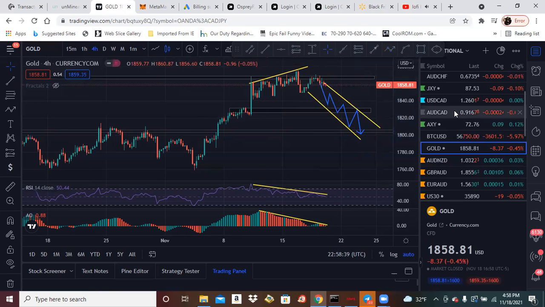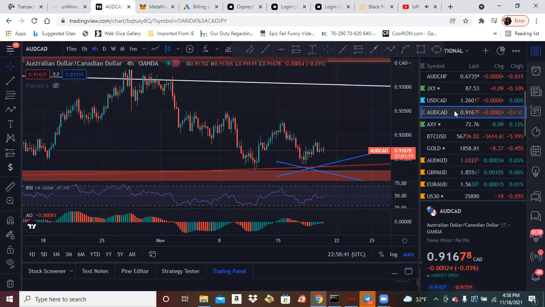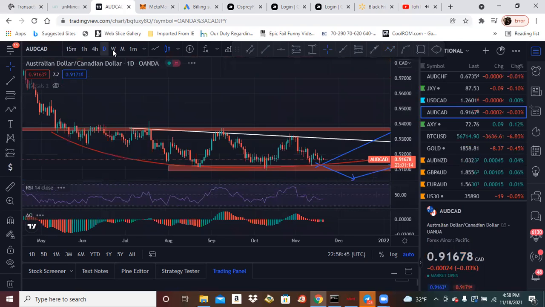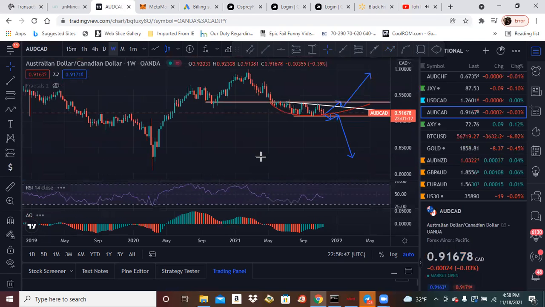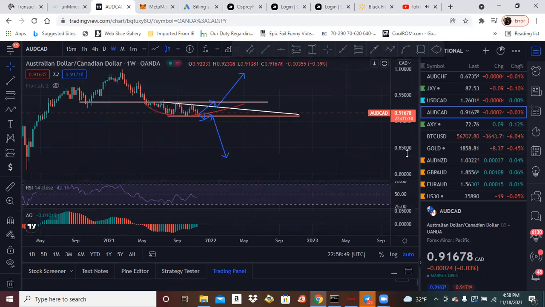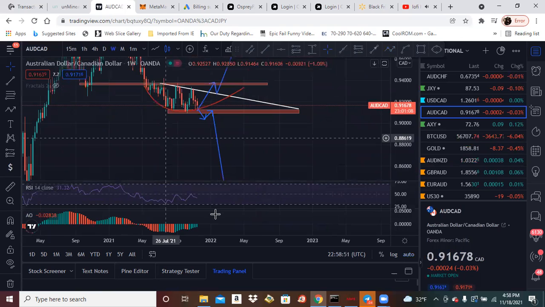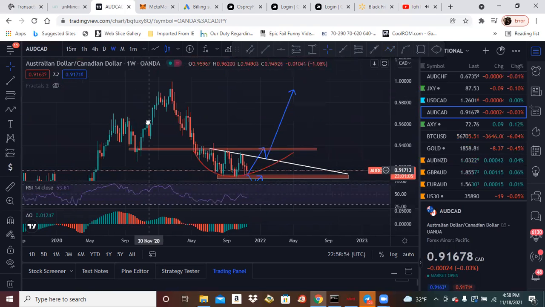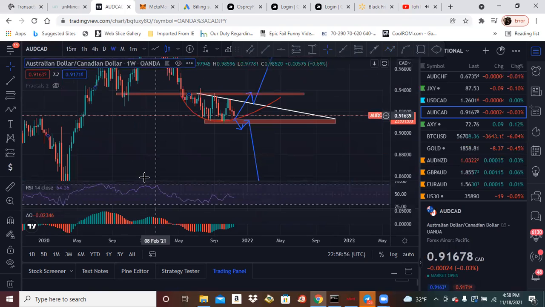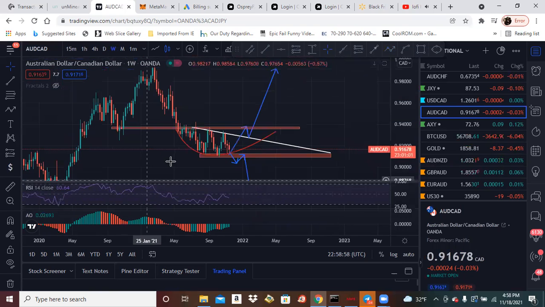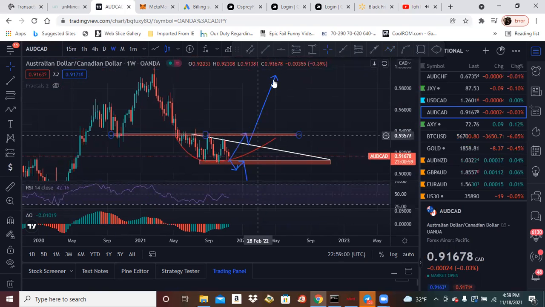We also took AUD CAD because AUD CAD is close to AU in a sense, and we might have a nice swing. I'm seeing a little cup forming here, and it might just break to the upside, or it could break down, but I'm seeing more upside curl. Can you see it?